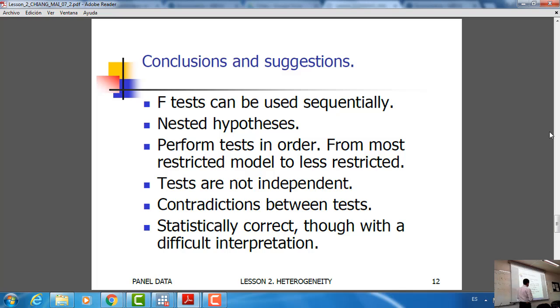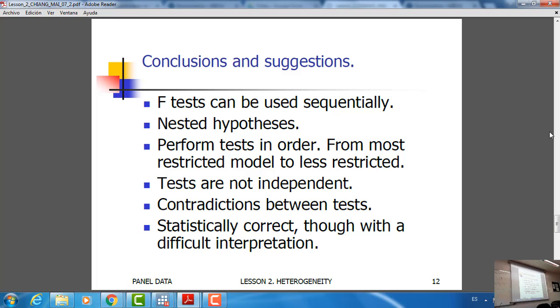Now let's see some of the conclusions. The conclusions are very simple, but sometimes they are hard to follow. The idea, and this is very important, is that F-tests can be used sequentially. So you can use an F-test to go from here to here, and then an F-test that goes from here to here, and of course you cannot use directly an F-test to go from here to here.